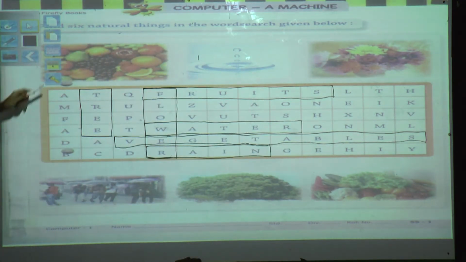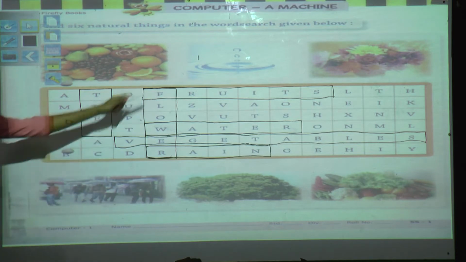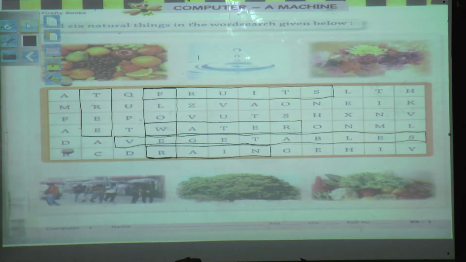Finished? What is this? Fruits. Where is the spelling of fruits? F-R-U-I-T-S. Fruits. Next is water. W-A-T-E-R. Next, third one is flower. F-L-O-W-E-R. Flower. Fourth one is rain.